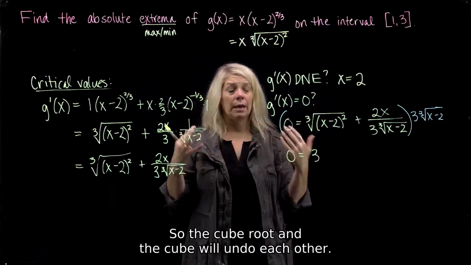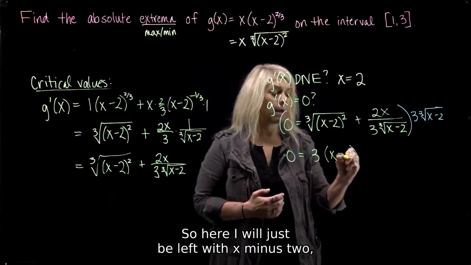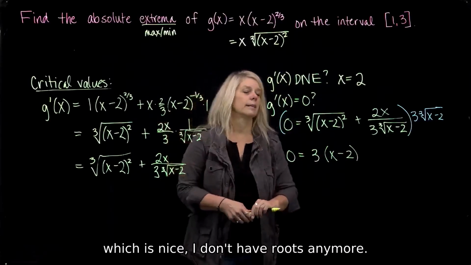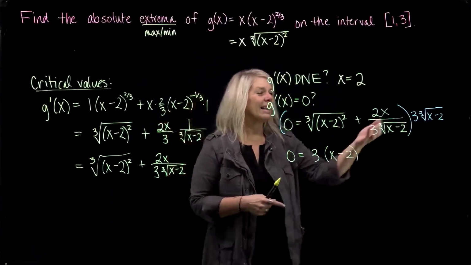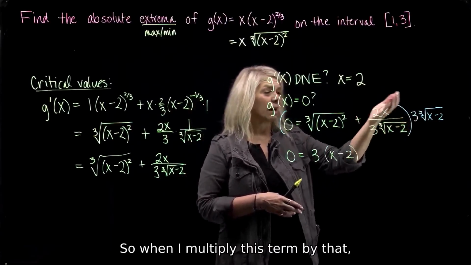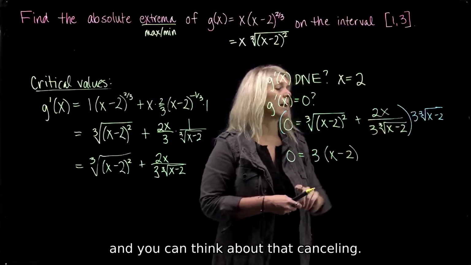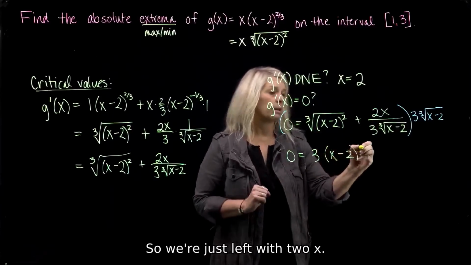So the cube root and the cube will undo each other. So here I will just be left with x minus 2, which is nice, because now I don't have roots anymore. And then again, the whole reason I'm multiplying through by this was to clear the fraction. So when I multiply this term by that, I really have this over 1, and you can think about that canceling. So we're just left with 2x.